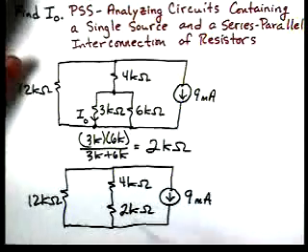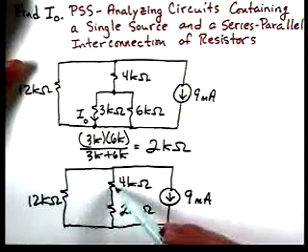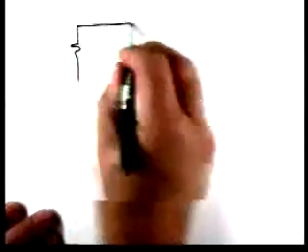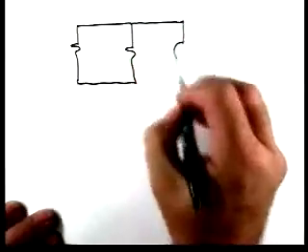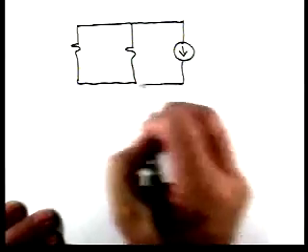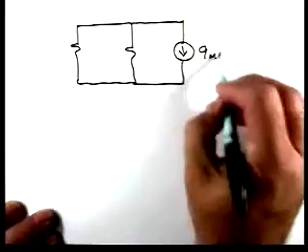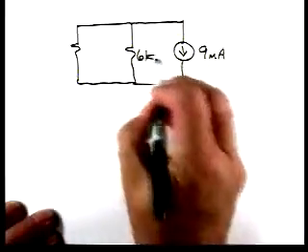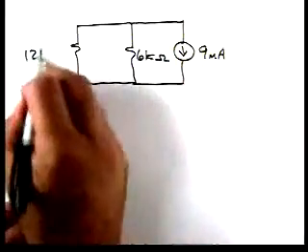Now we can combine these two resistors in series, and if we do that, our circuit now reduces to this. We have a 6 kiloohm and a 12 kiloohm.